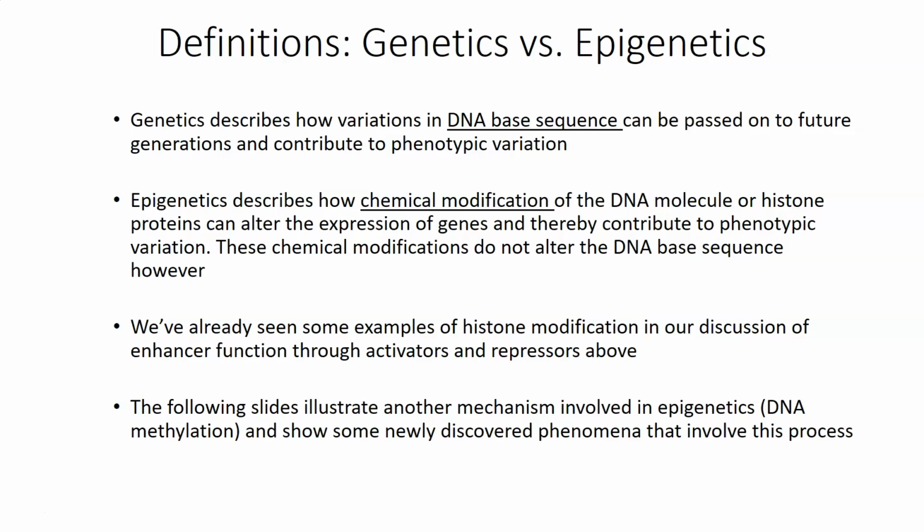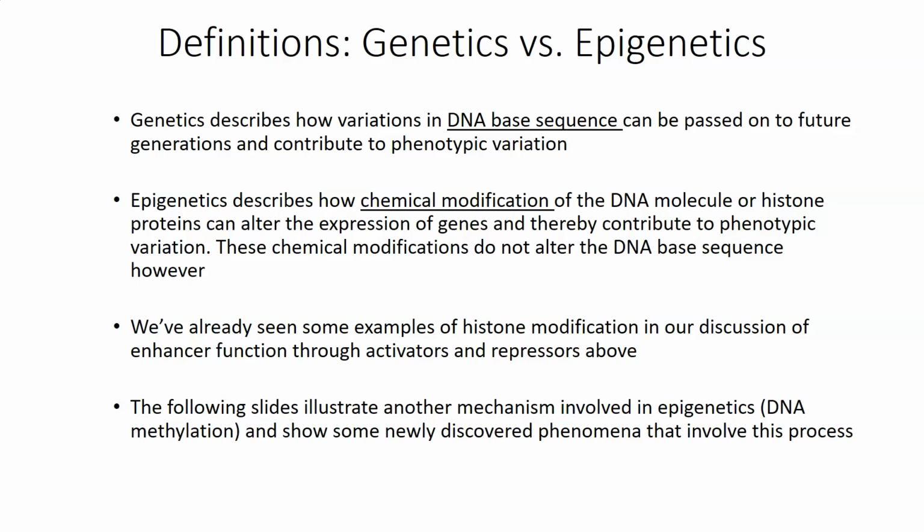So it's all about the DNA base sequence. Epigenetics is about chemical modification of the DNA molecule, but not changing the base sequence. So epigenetics can modify DNA itself without changing the base sequence, or it can modify the histone proteins around which DNA is wrapped.